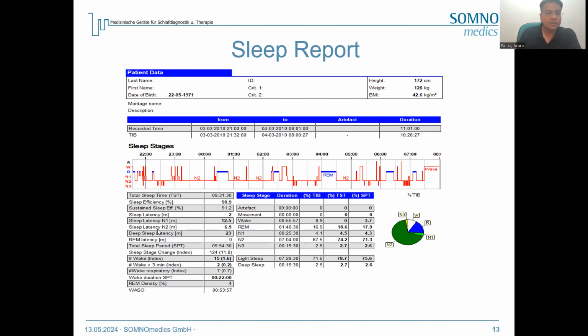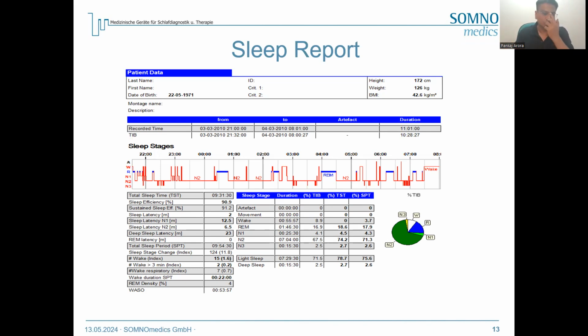I hope it's clear. It is also giving you sleep latency, how much time it took from lights off to sleep onset, which is less in this case, 12.5 minutes. I told you it is generally 15 to 20 minutes.